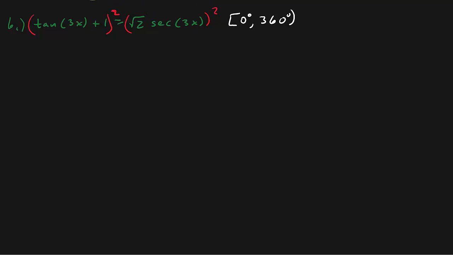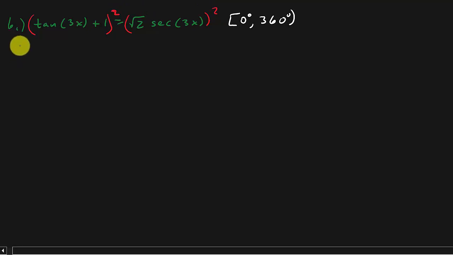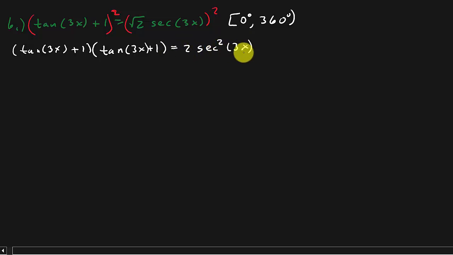How about that? So that's going to give me, now remember, let me go ahead and write it all out. Tangent 3x plus 1 times tangent 3x plus 1 equals 2 secant squared 3x.